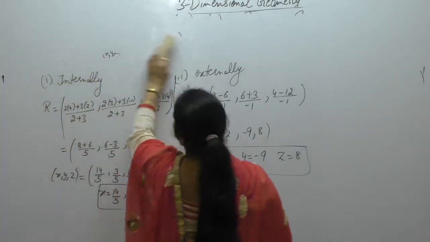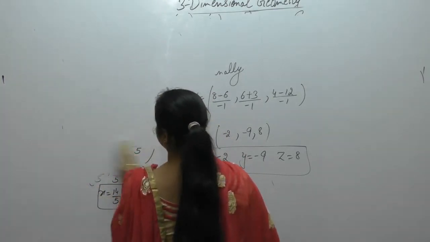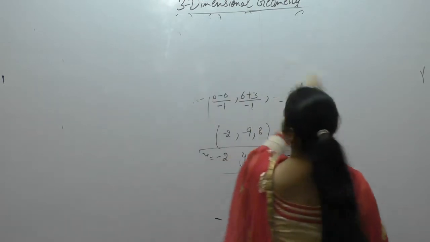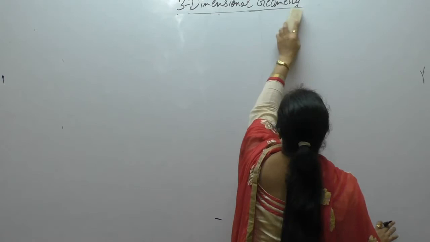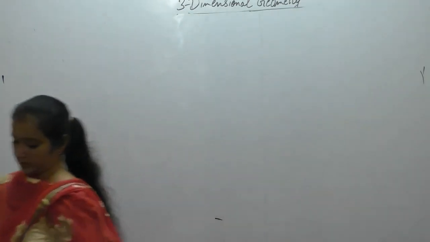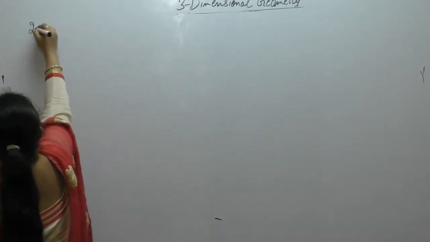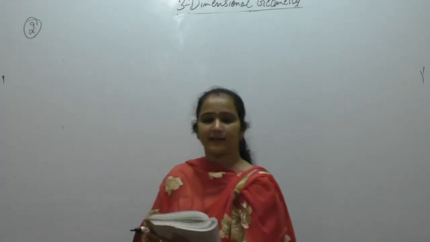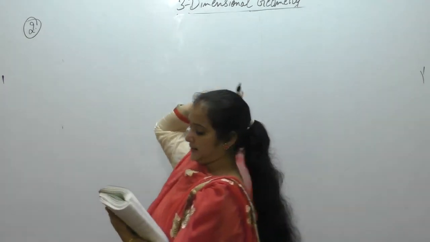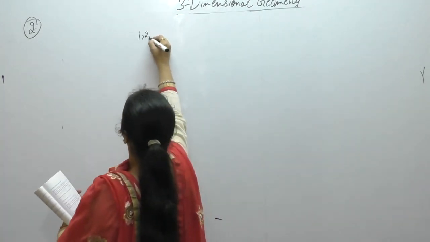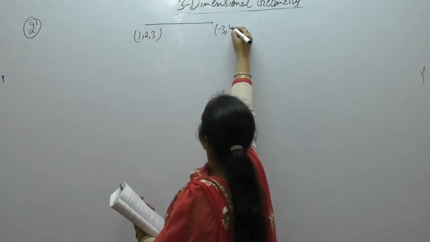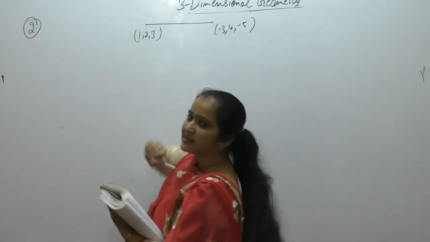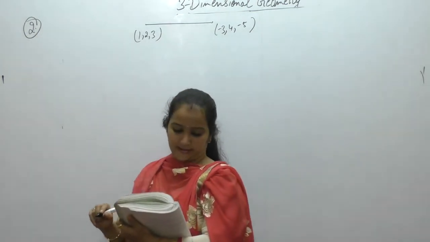Now the next question. Question number 2 of section formula. Find the ratio in which the line joining the points 1, 2, 3 and minus 3, 4, minus 5 is divided by the xy plane.